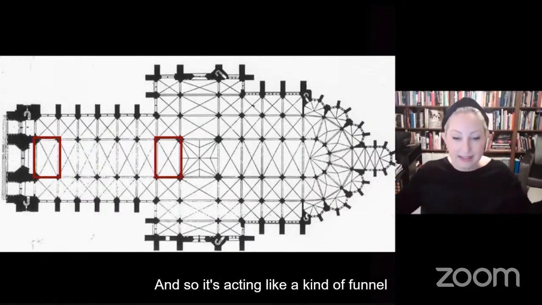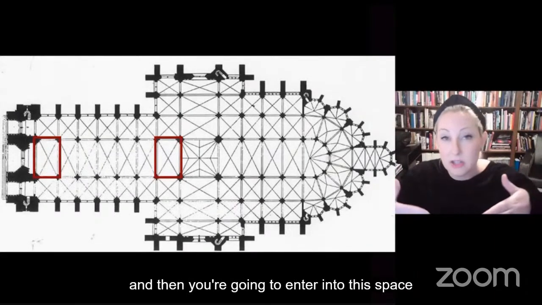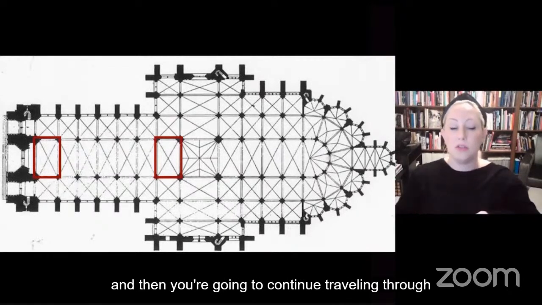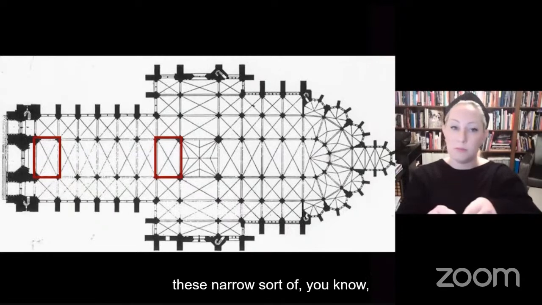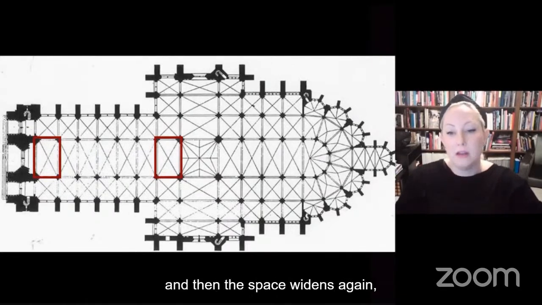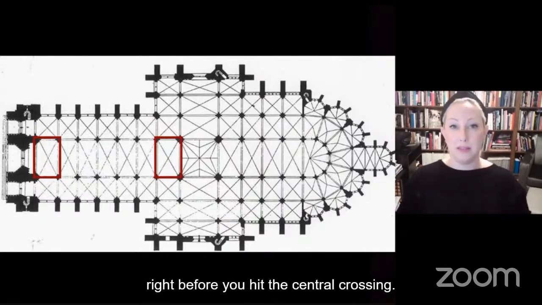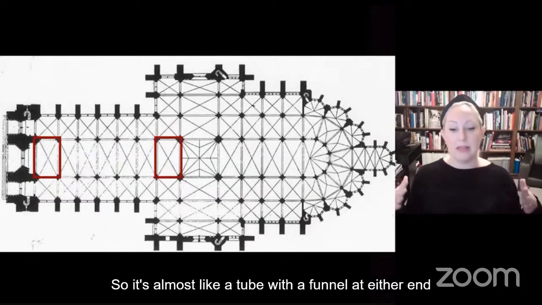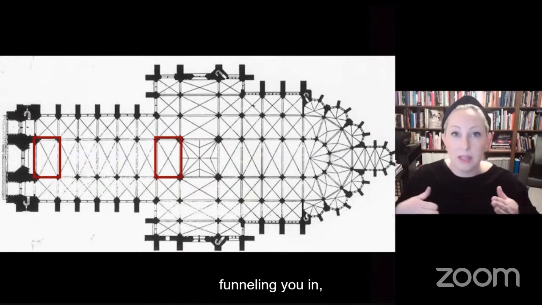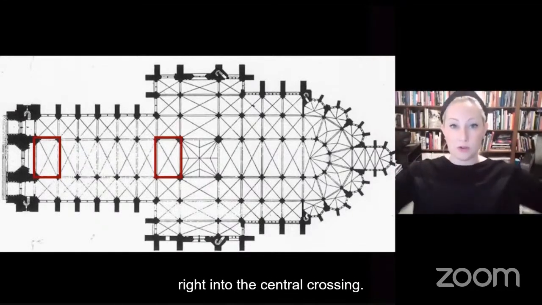So it's acting like a kind of funnel where you're in this wide space, and then you enter into this space that's more narrow, and then you continue traveling through these narrow, relatively short spaces. And then the space widens again, gets bigger again, right before you hit the central crossing. So it's almost like a tube with a funnel at either end, funneling you in, and then you travel through, and then it funnels you out again right into the central crossing.